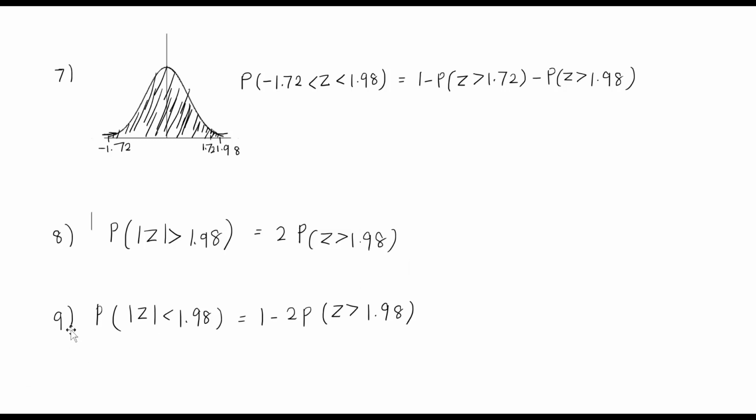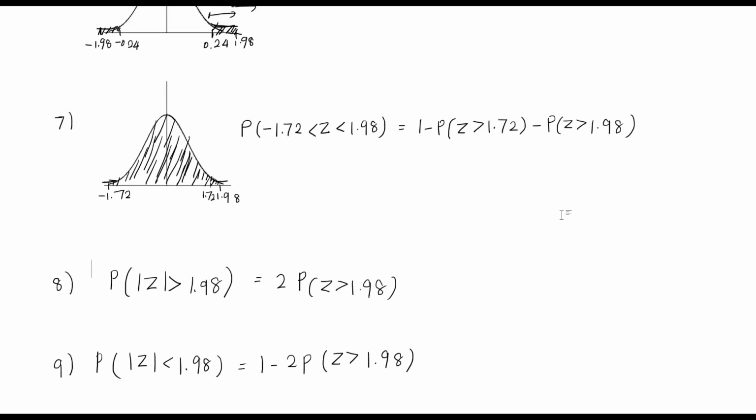And for example 9, when we have modulus z less than 1.98, it is equal to 1 minus 2 times the probability of z greater than 1.98. So we are going to use these formulas to solve our normal distribution problems.